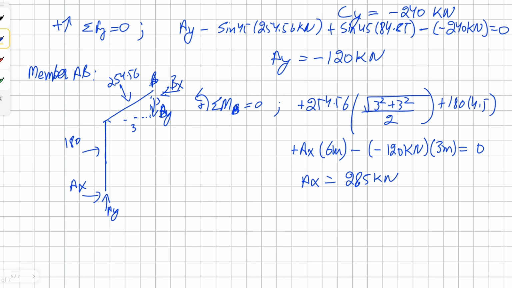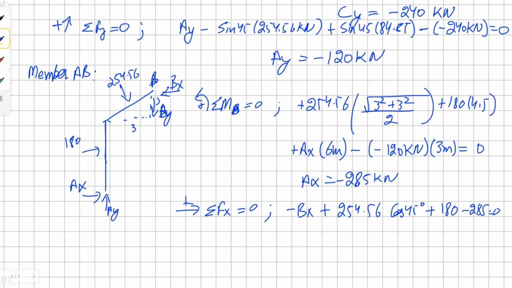Now that we have AX, we can simply sum the forces in the X direction and get our value for BX. So BX is going to be negative, then positive 254.56 times cos 45 degrees plus 180, and then negative 285.